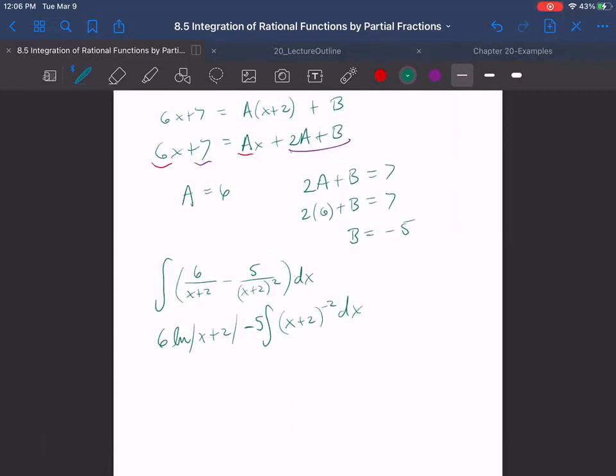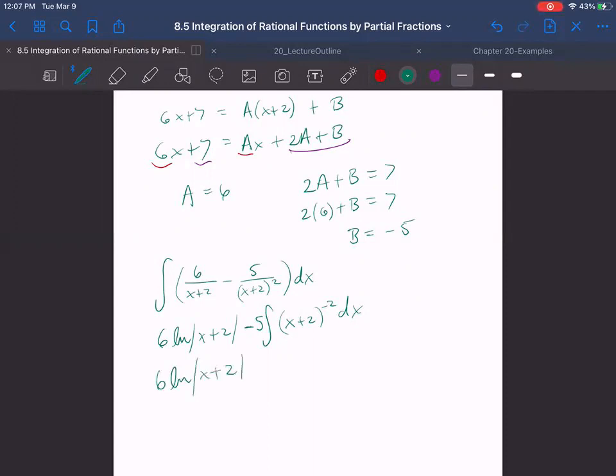And how do we integrate that one? Okay, and then what? Then it's just u to the -2. Then it's just add 1 to it, multiply or divide by that -1.